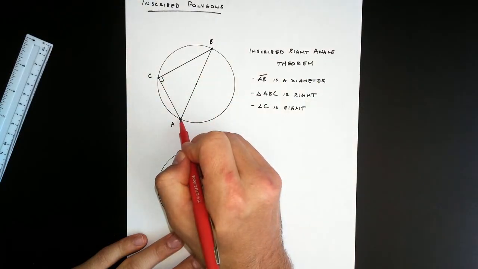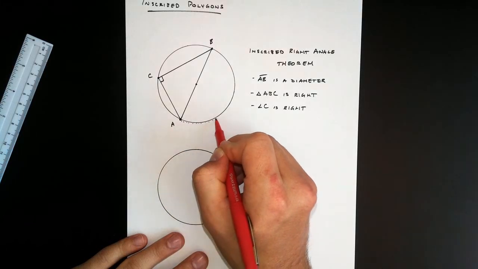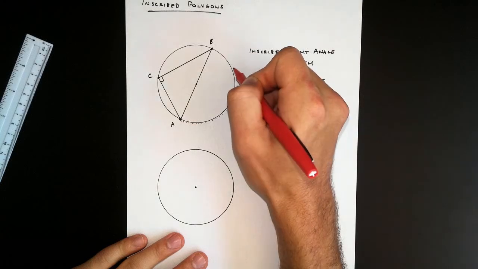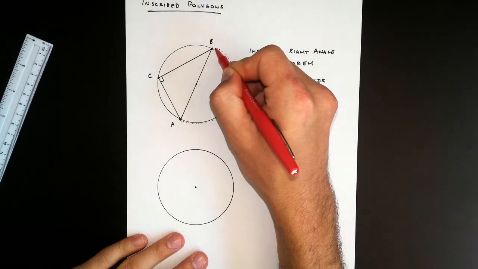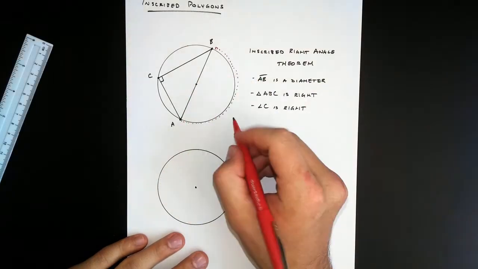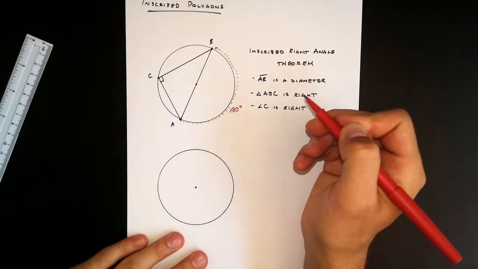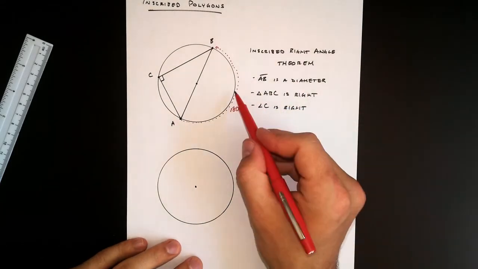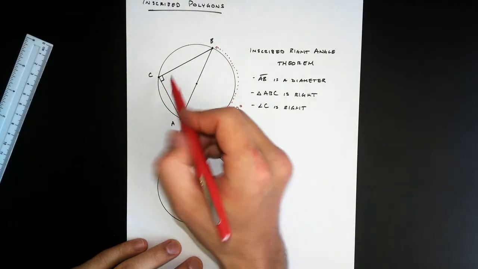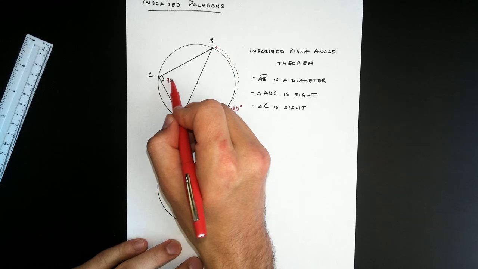And then the arc is the arc from A all the way around to B. Okay? And because we said that AB has to be a diameter, this arc has to be 180 degrees. And then if that arc is 180, that means that the inscribed angle is half as big. So this is half of 180, so this has to be 90.